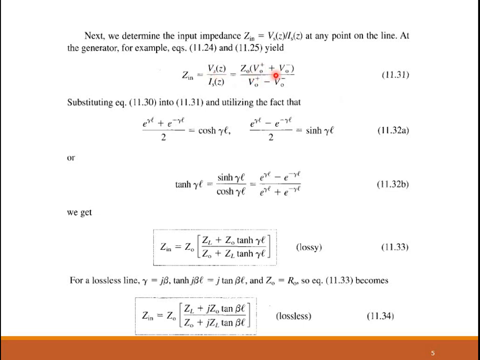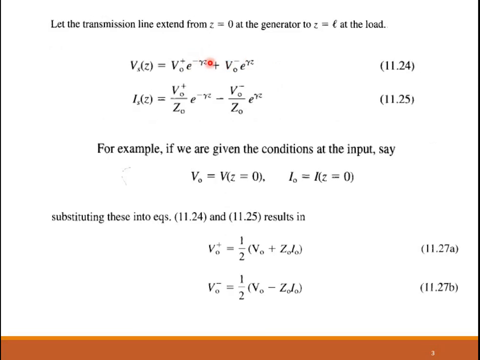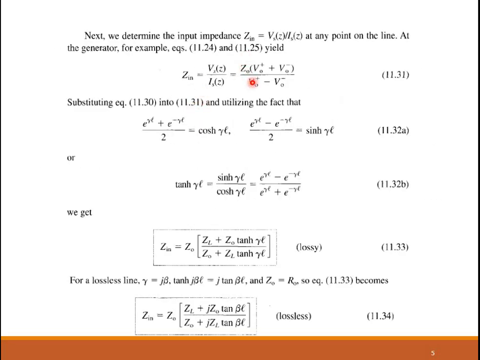So Vs of z is V0 plus V0 minus, and Is of z will be V0 plus minus V0 minus divided by Z0. And this Z0 is just taken to the numerator. That is how you get this Zin expression over here.